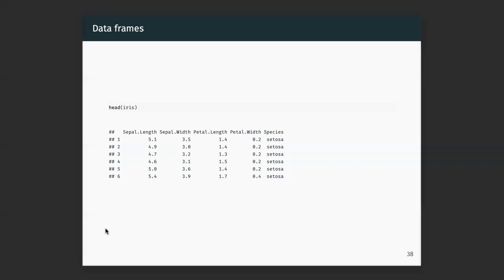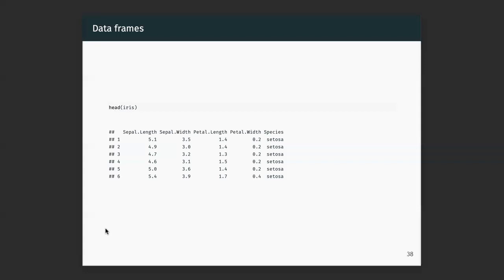So a data frame. We remember that a matrix is a collection of vectors, a rectangular sort of grid that is a series of vectors that has rows and columns. A data frame is a matrix that has the special property that all columns have names. It also has the special property that the columns can take different types.